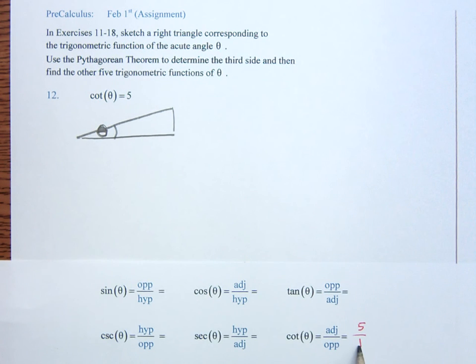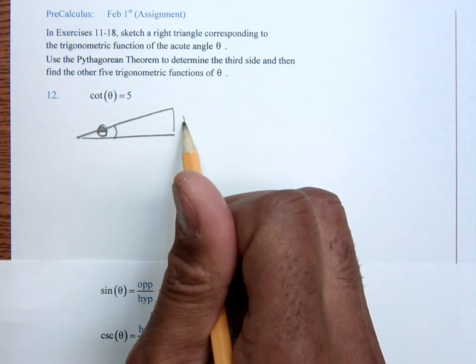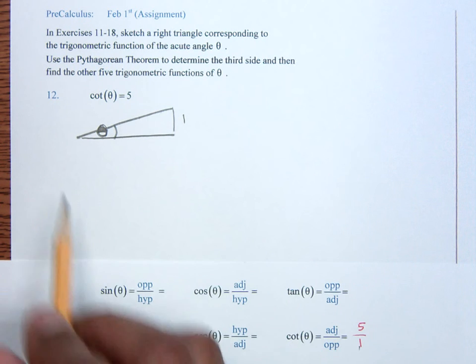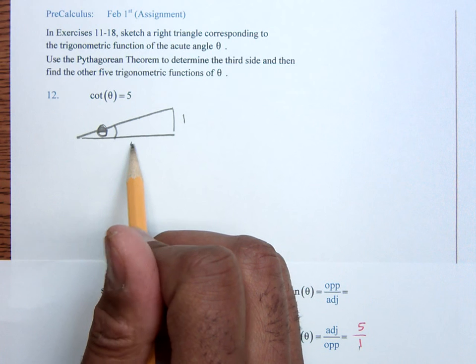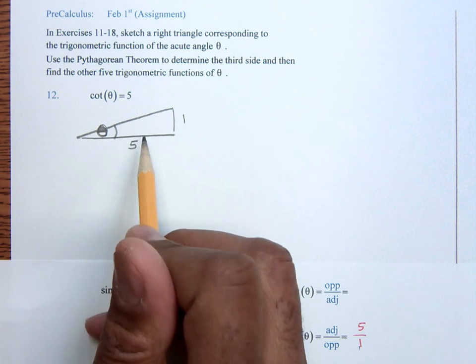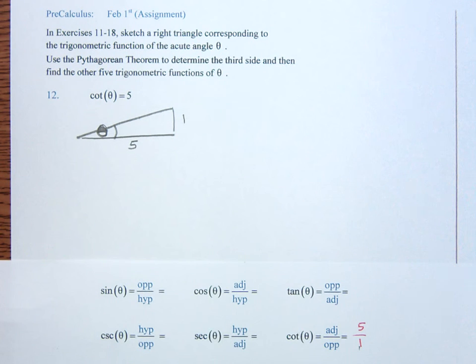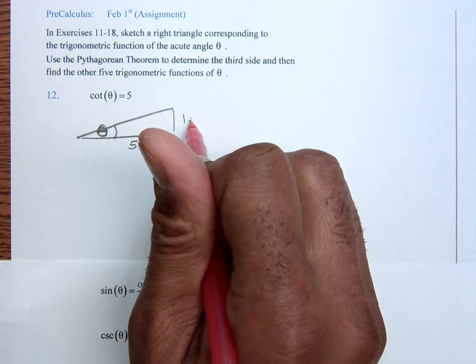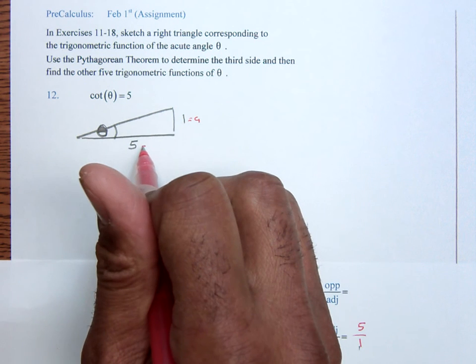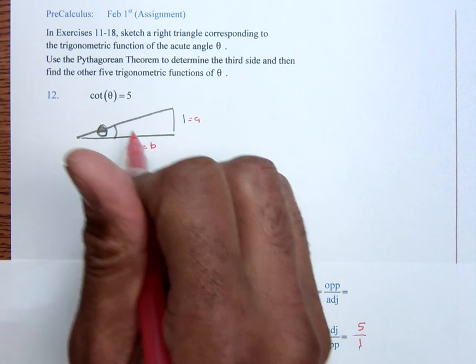The opposite is 1. Adjacent means next to, so this will be 5. And what we don't know yet is the hypotenuse, but we're going to use Pythagorean's theorem to find that. So let's call this side A, this side B, and this side C.